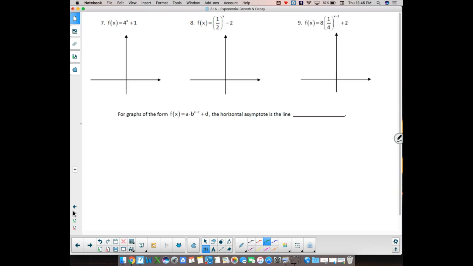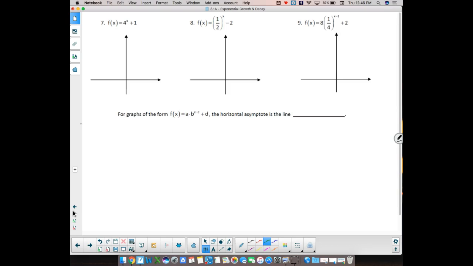Let's talk D now. This is the last 3 on the bottom of page number 2. If that C value shifts stuff left and right, what do you think that D value is going to do? Up and down. Yep, that's going to shift it up and down. It's going to take the entire graph and go up or down with it.